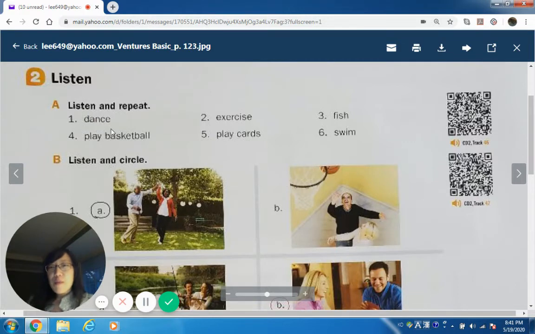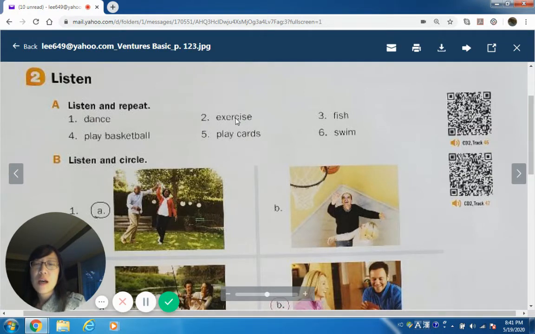Well, I hope you guys remember the rules of C. The C is a soft S because it's followed by letter E. And this one is also a soft S sound because the C is followed by letter I. When C has an S sound, it's called a soft C sound.